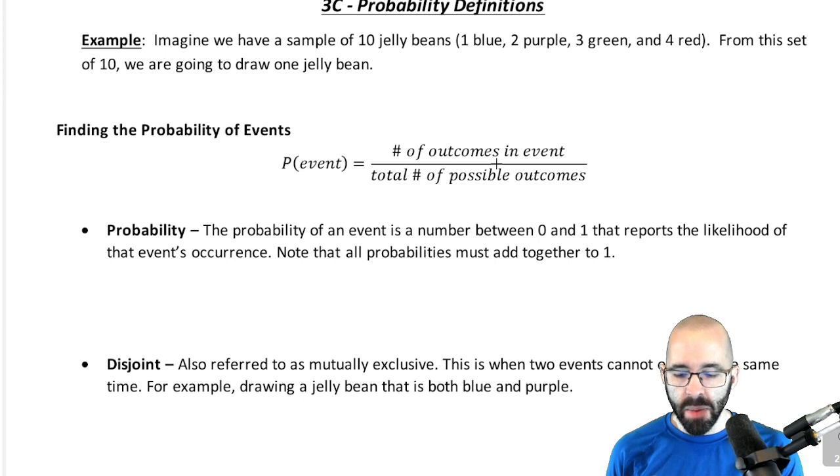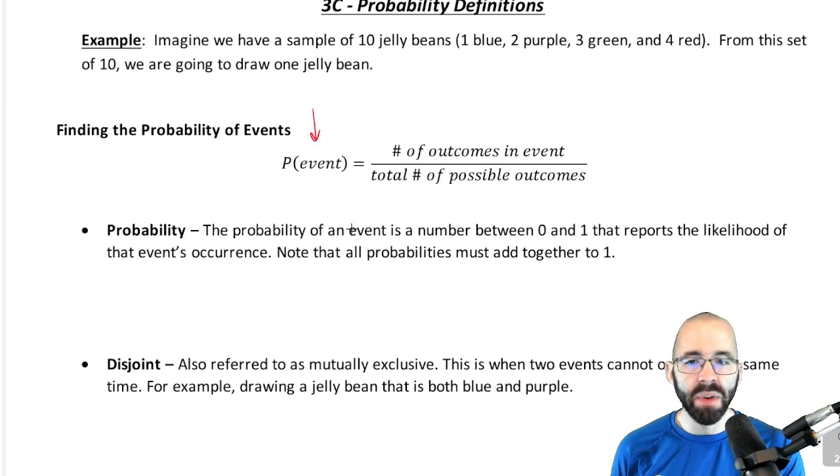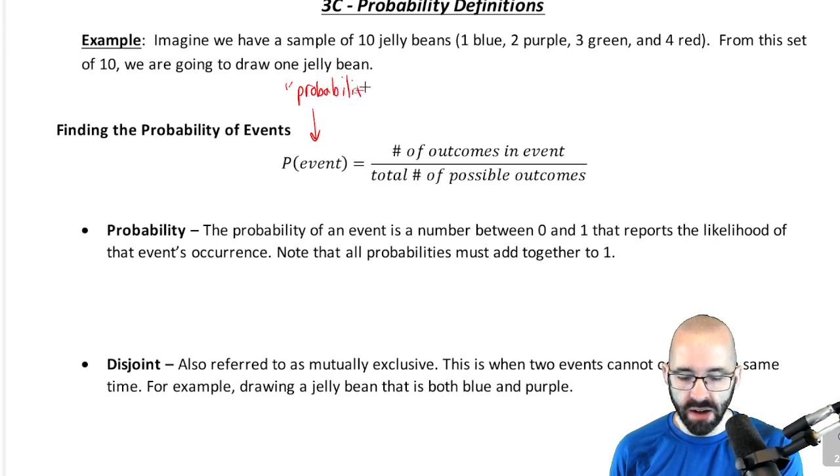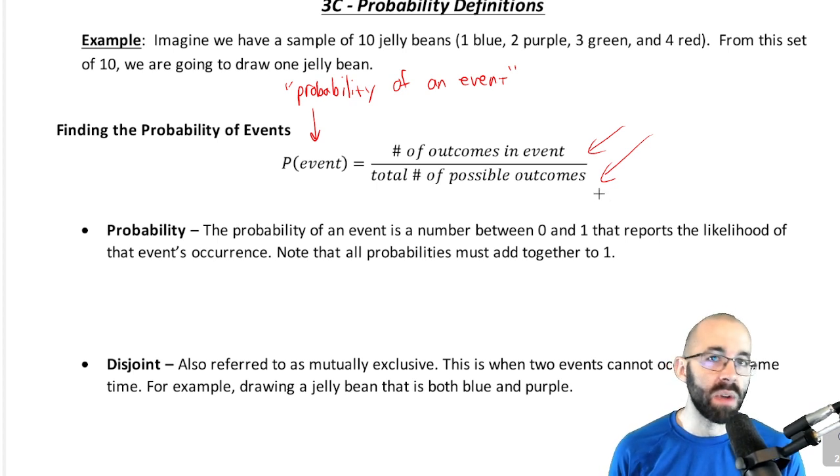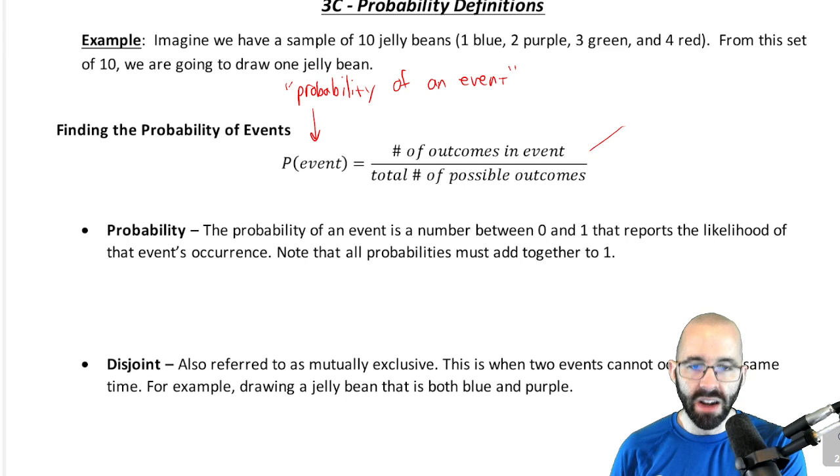So to find the probability of an event, the probability of something happening, as long as everything has the same chance of happening, we're just going to count how many outcomes make up that event, and what's the total number of possible outcomes. This is exactly what we've been doing. Remember when we kept saying proportions and probabilities? It's because it's basically the same thing, as long as things don't have other chances.